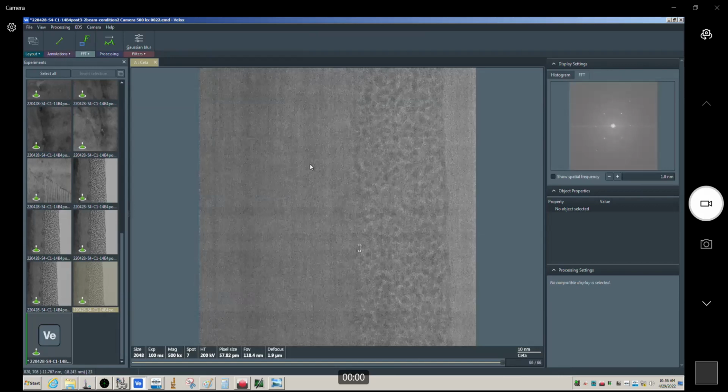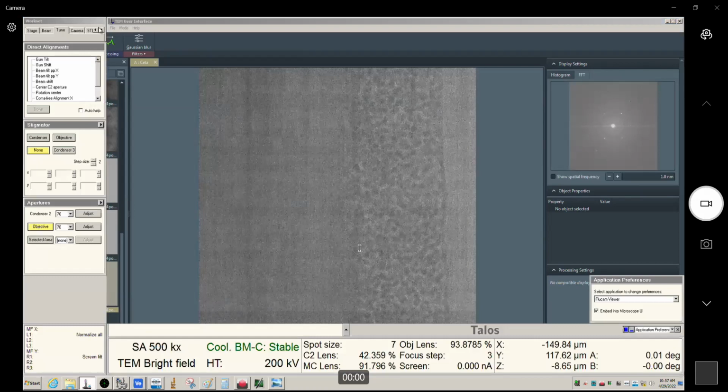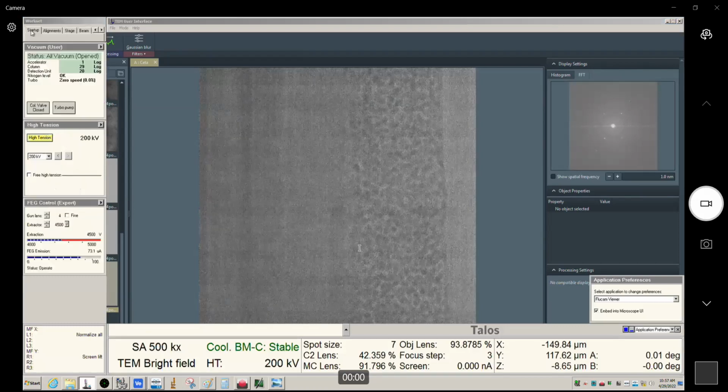Hey, Nick, while we're waiting, I have a question on the instrument, not about operation. What is a typical pressure, like vacuum level, we have on this instrument? You're talking about in the column area? Yeah, column area. I can tell you that in a second. It's in log, you have a Pascal reading, I remember.